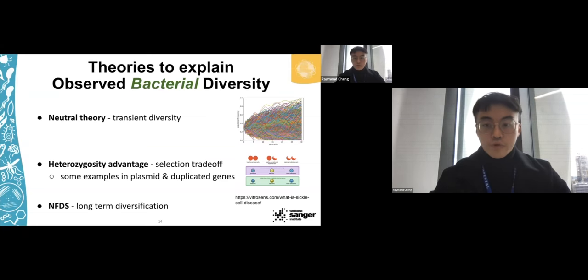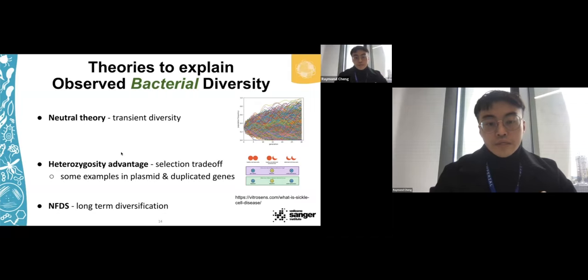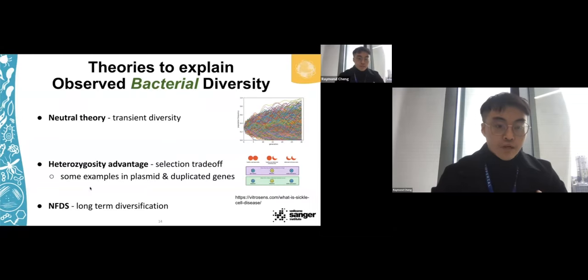So being heterozygous gives individuals more of an advantage to survive. But in bacteria, as you will know, bacteria are haploid. So this kind of heterozygosity advantage is not really common, but there are some examples in plasmids and duplicated genes.